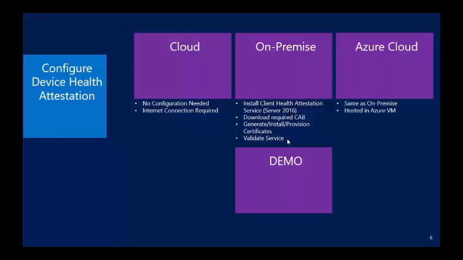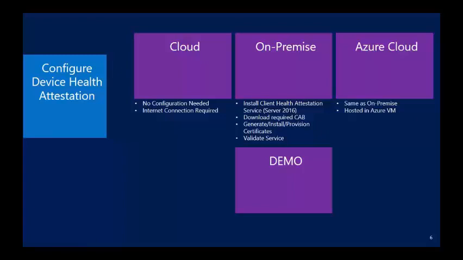That's a 2016 thing. We need to download a specific CAB file that we'll use as part of that configuration. Then we'll need to provision certificates and validate the service is working, right? We'll see how that's all done. The Azure cloud scenario, again, no different except that you're putting the on-premise in the cloud, right? So I want to walk through a demo of how we actually go through and configure this.